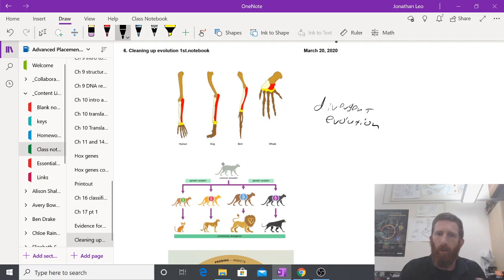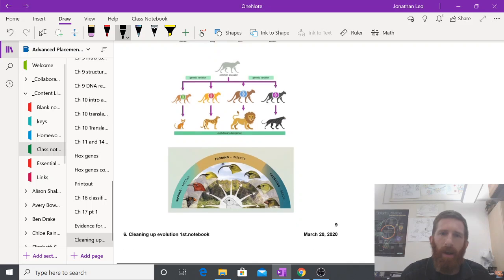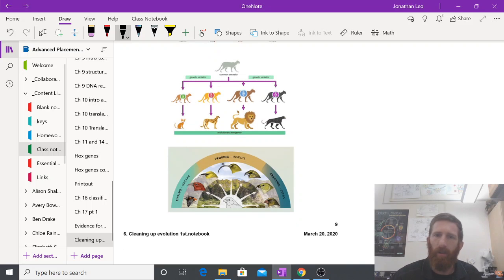So in divergent evolution, we start with one ancestor, and then we have different mutations, and then we get small body size and spots, and large body size with a mane, and different colorations and different things like that. And that idea of divergent evolution is closely tied to another idea called adaptive radiation.